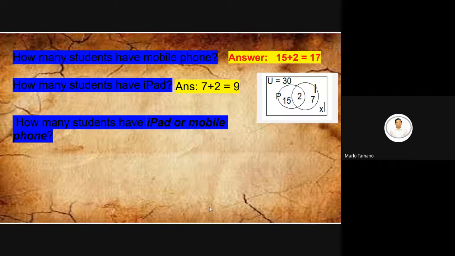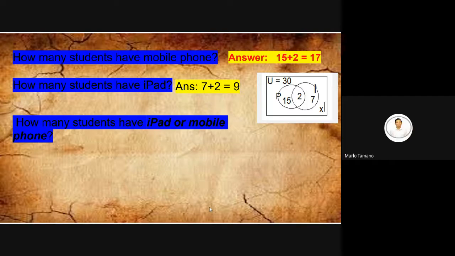That is the union. The union of the two sets. The union of the elements of the two sets. Anyone? 24 po.